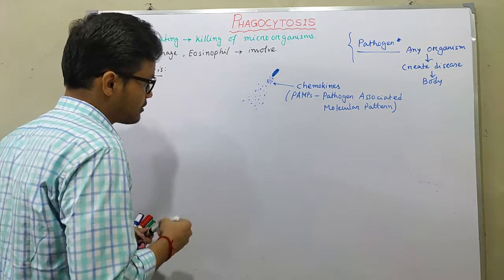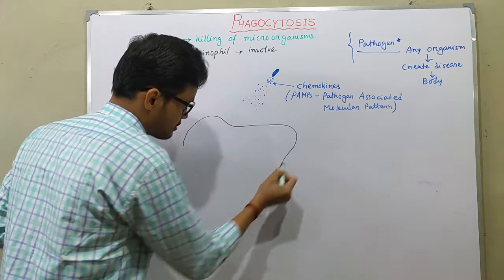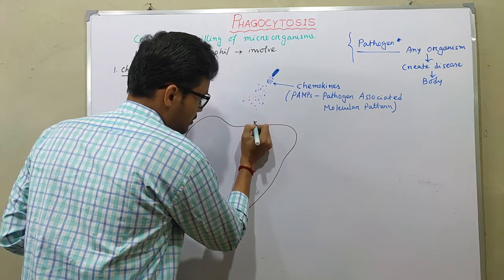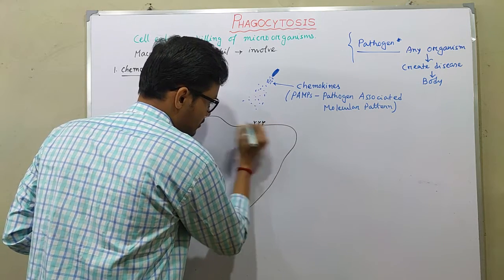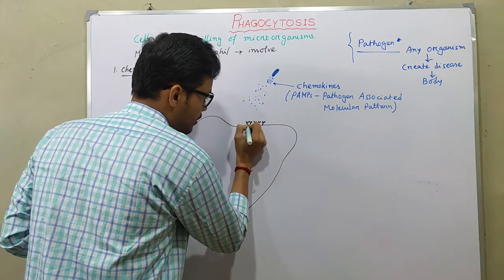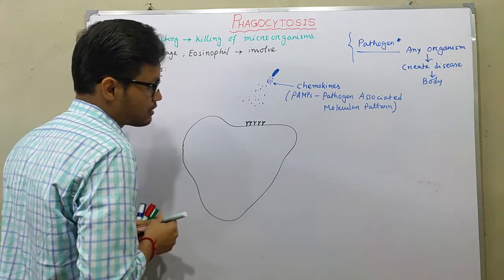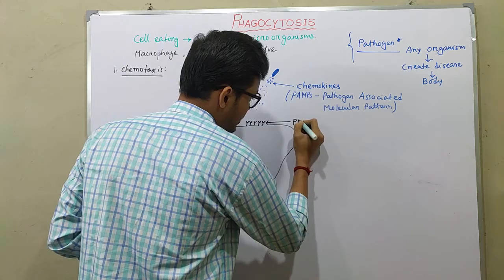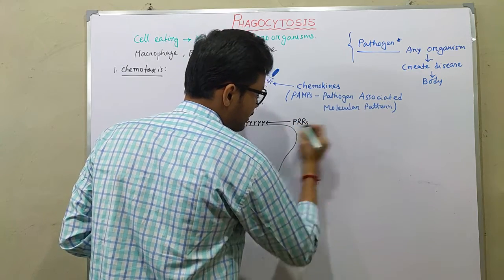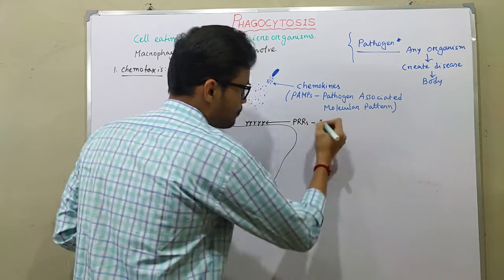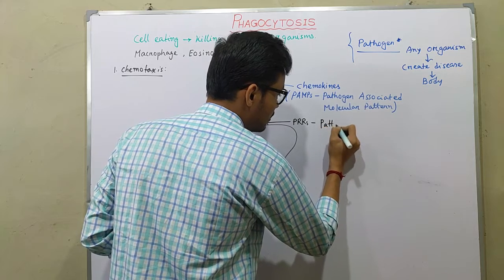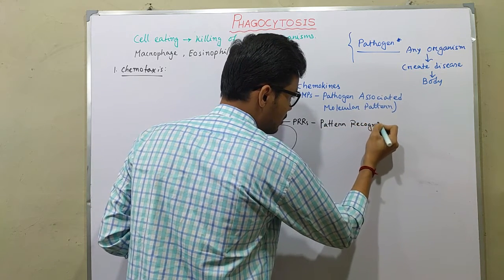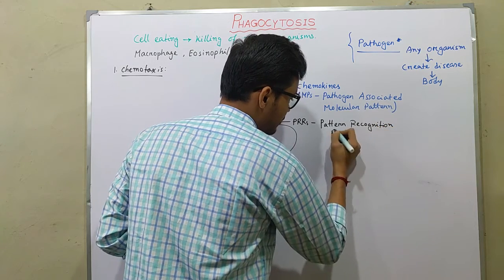When a macrophage, so this is the macrophage, recognizes those chemokines by its receptors, those receptors are known as PRRs, that means pattern recognition receptors.